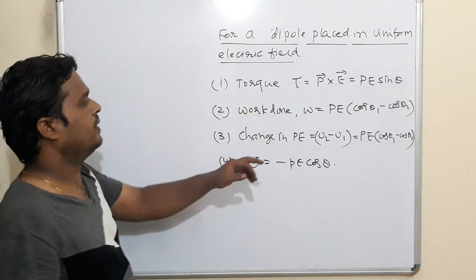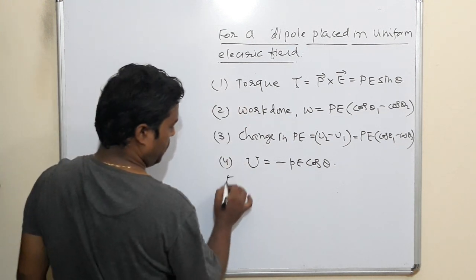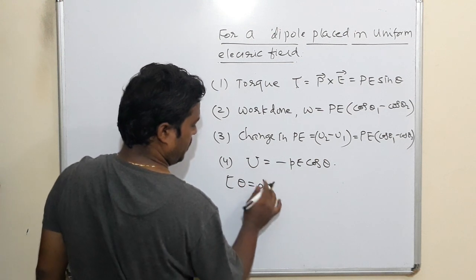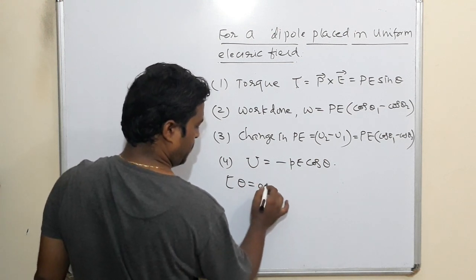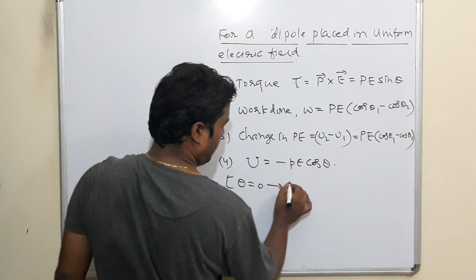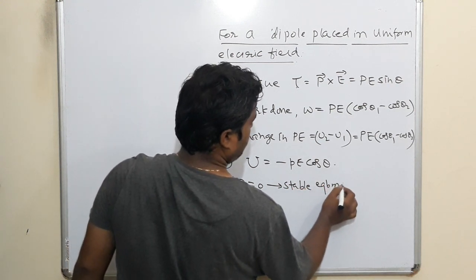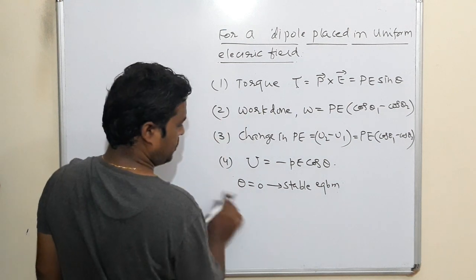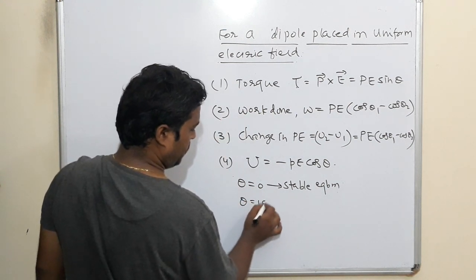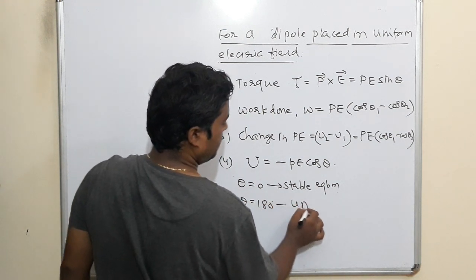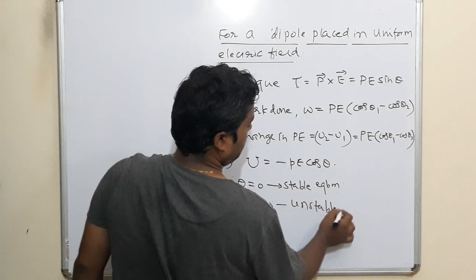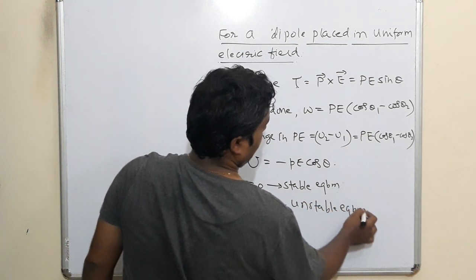Theta equal to 0 is called the stable equilibrium position. Theta equal to 180 degrees is called the unstable equilibrium position.